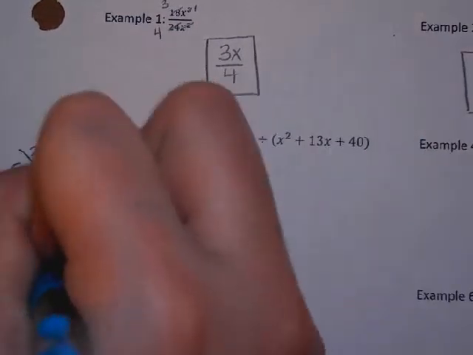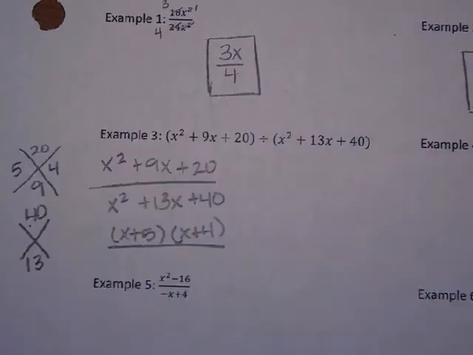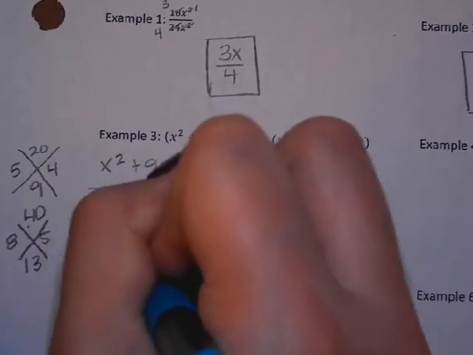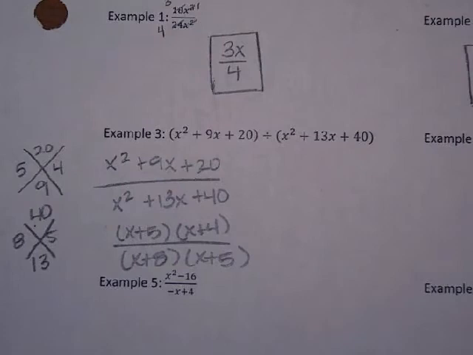On the bottom, we are looking for two numbers that multiply to 40 but add to 13: 8 and 5. So now, instead of addition on the top and bottom, we have multiplication: x plus 5 times x plus 4, over x plus 8 times x plus 5.